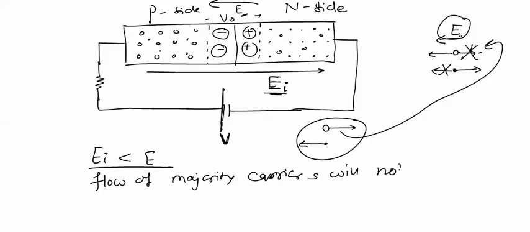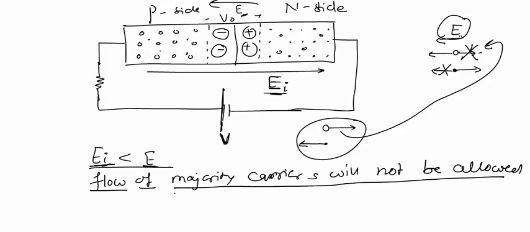So if E_I is less than E, flow of majority charge carriers will not be allowed, and the forward current I_F will be nearly equal to 0.